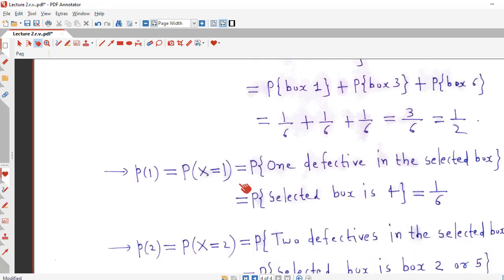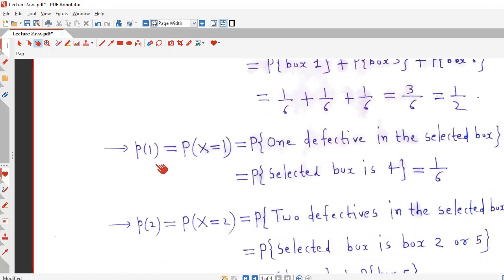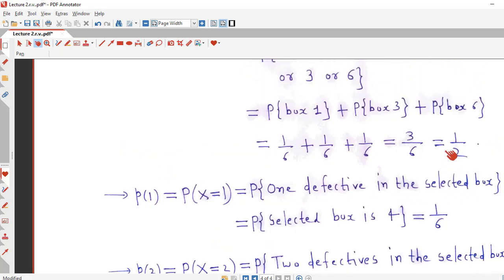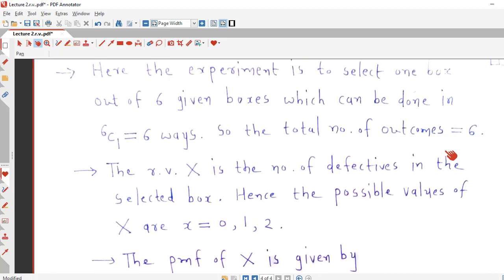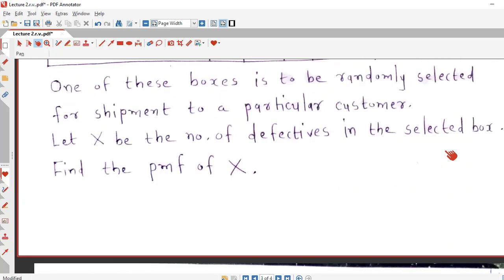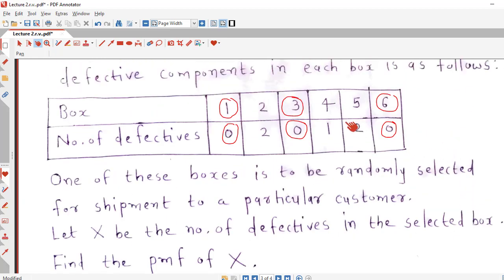Similarly, we can find out P of 1. P of 1 means probability that capital X equal to 1. So what is this event? Capital X equal to 1 represents the event that there is one defective component in the selected box. So again I have to search in the table which box contains only one defective.